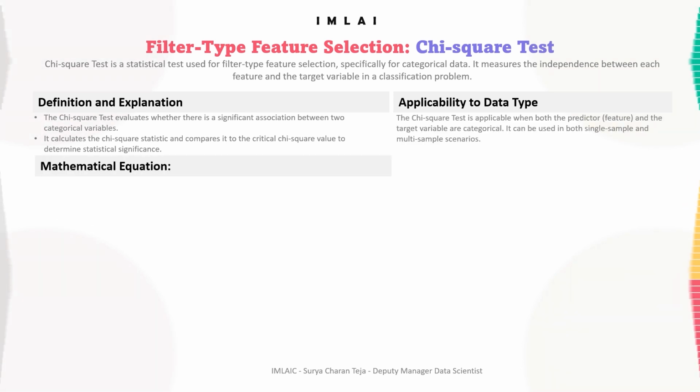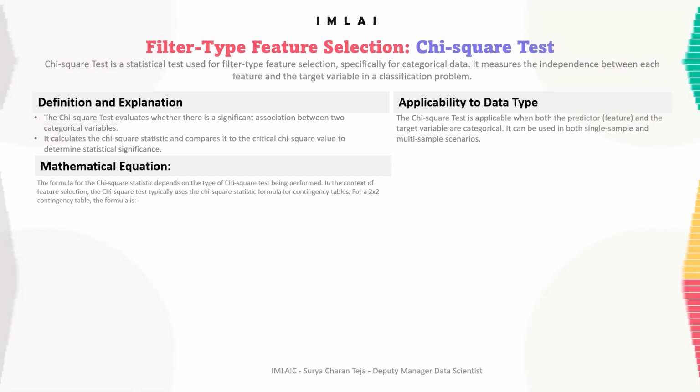So this is the mathematical equation, and we have discussed it earlier. The formula for the chi-square statistic depends on the type of chi-square test being performed. In the context of feature selection, the chi-square test typically uses the chi-square statistic formula for contingency tables.